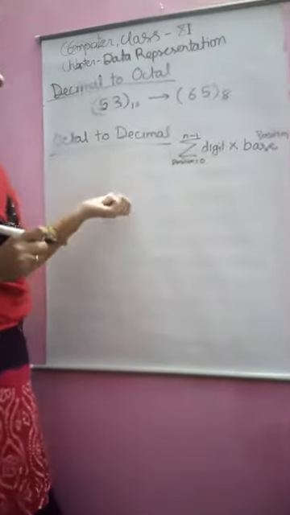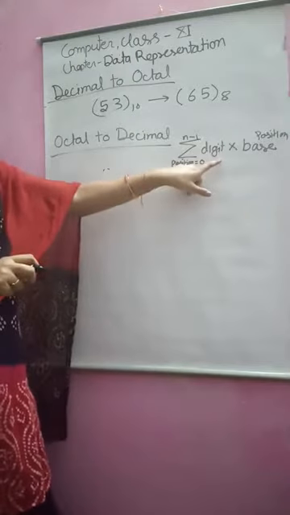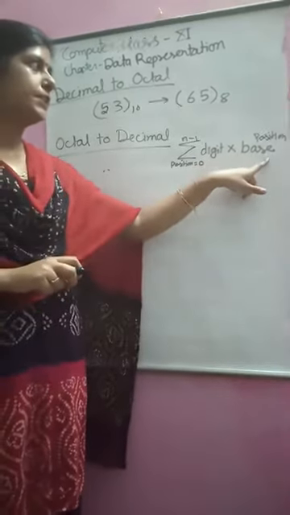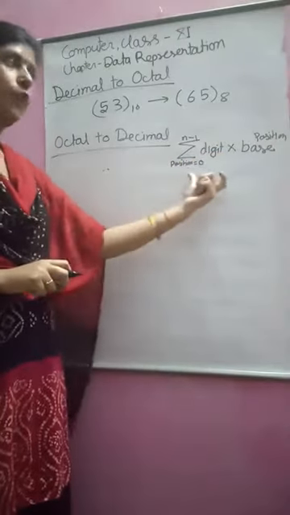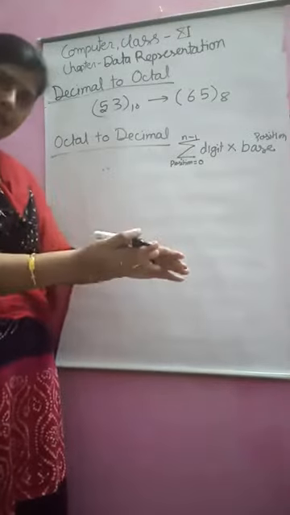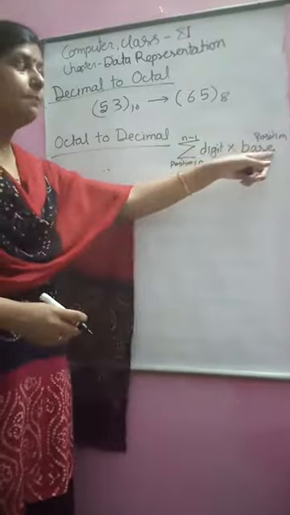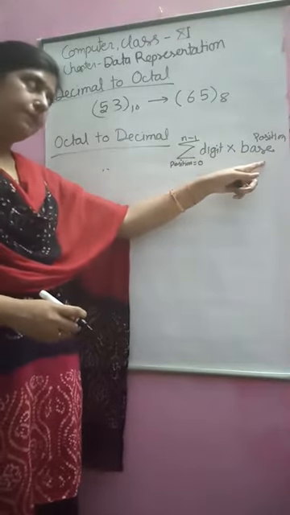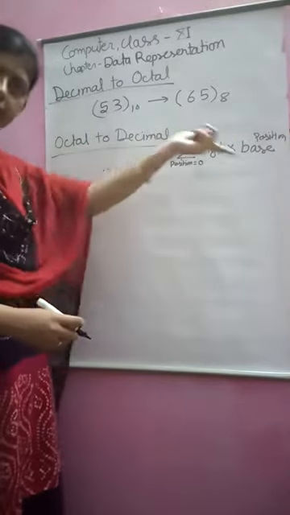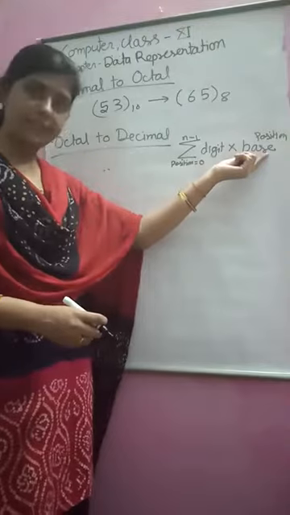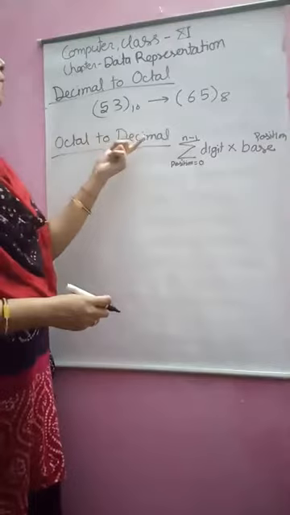Take the weight of each digit: digit value multiplied by base to the power position value. Sum up the weights and you get the decimal equivalent of that base number. If it is binary, you receive the decimal number of that binary number. If it is base 8, an octal, you receive the decimal equivalent of that octal number.